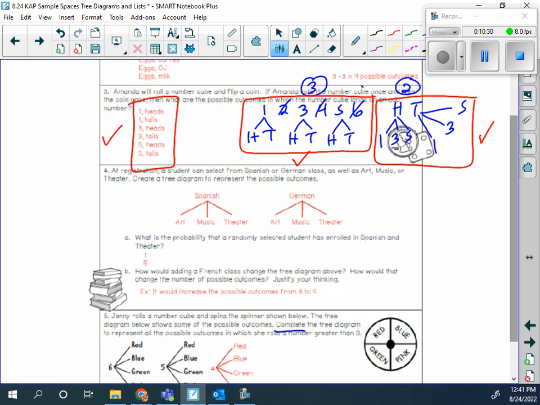All of those answers would have been right because it said, what are all the possible outcomes? If it simply said, how many outcomes are there? The answer is 6, because it was 3 times 2, which is 6. But any of those answers would work.